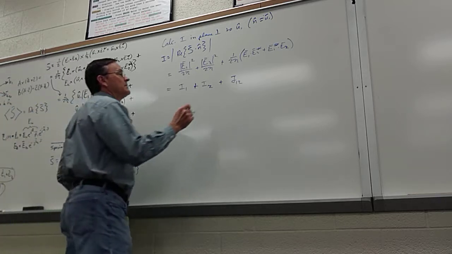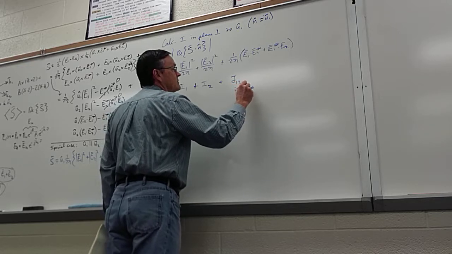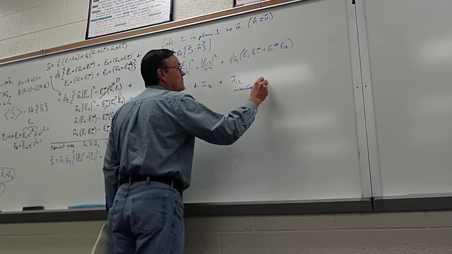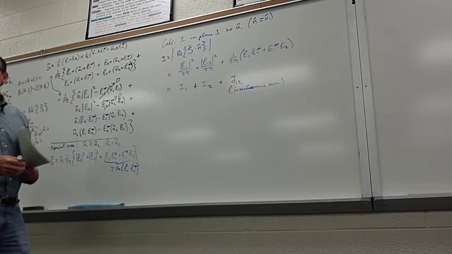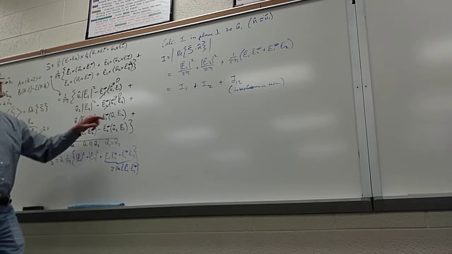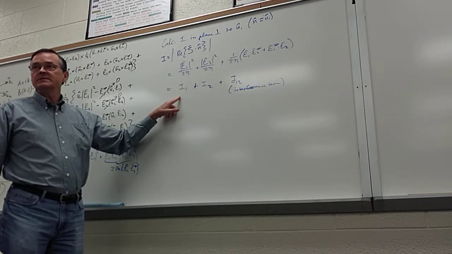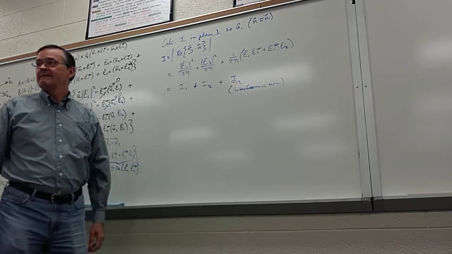So this is the interference term. So notice what we just said: if we have two beams propagating in the same direction, the irradiance is the sum of the individual irradiances plus an interference term. Always.